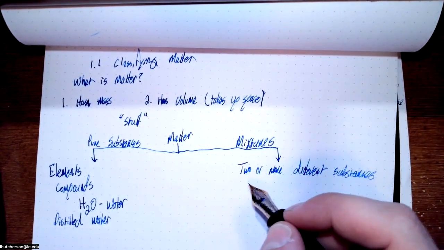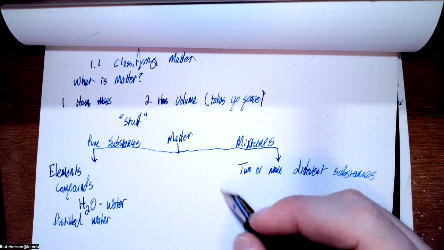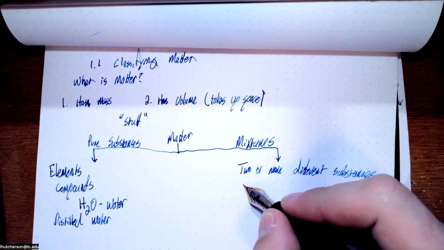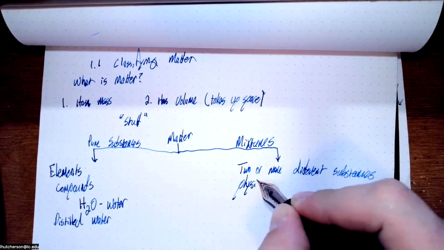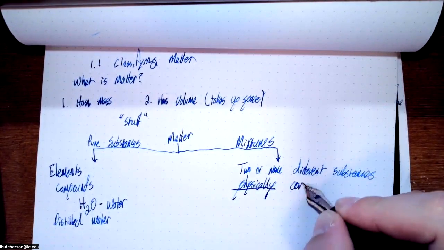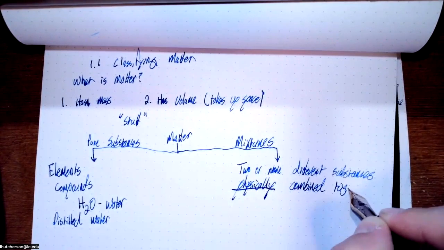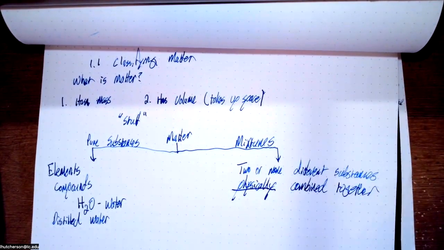Now, what's a substance in this context? That means either an element or a compound. 2 or more different substances physically combined together, right? 2 or more different substances physically combined together.